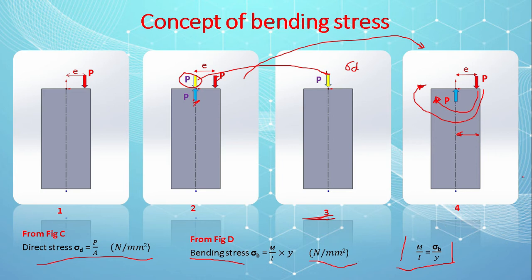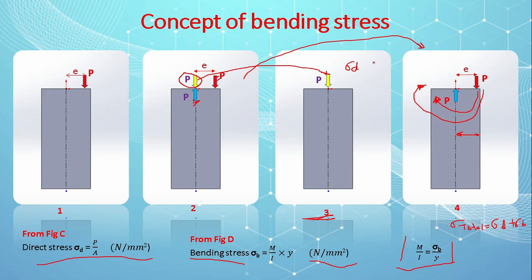So the total stress in this column can be calculated. Sigma total is equal to the addition of sigma d plus sigma b.